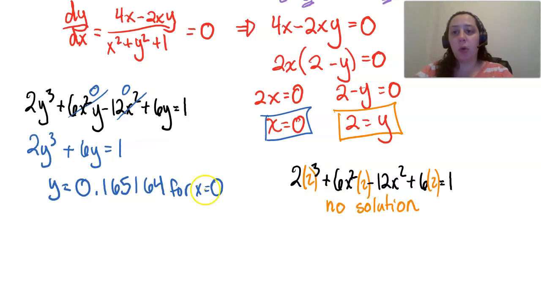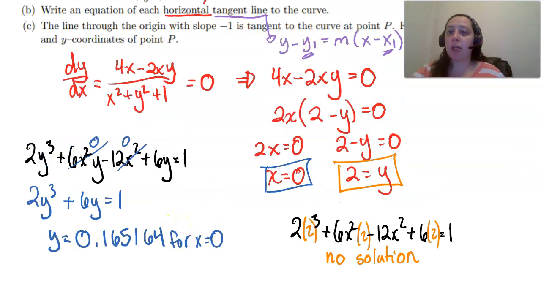So I only have one point that I need to write an equation of the horizontal tangent line to the curve. So here's my point. I need to write it in this form. Now, remember, my slope is 0, right? We said our slope was 0. So this whole term will just equal 0.